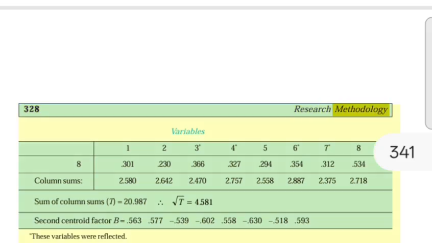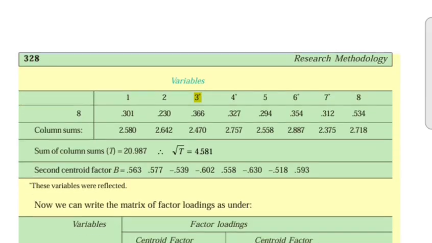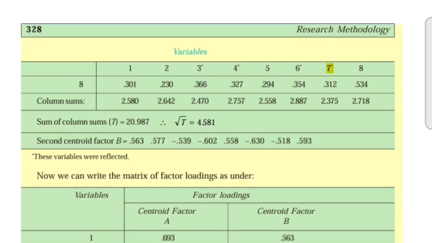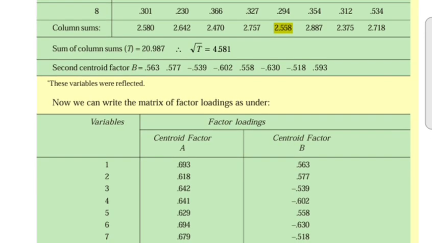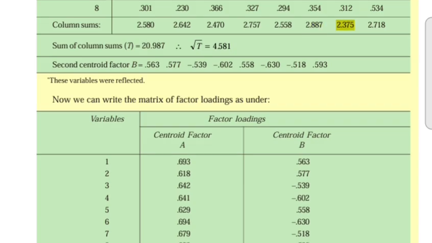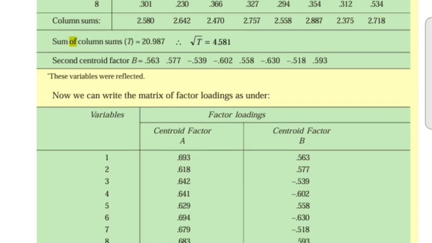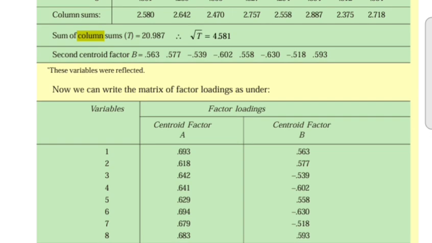Research methodology. The column sums are 2.580, 2.642, 2.470, 2.757, 2.558, 2.887, 2.375, 2.718.